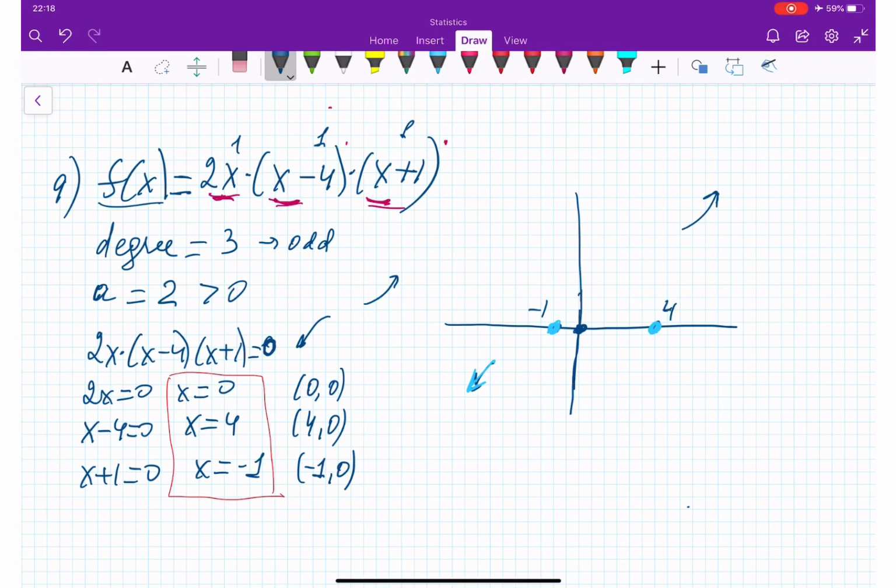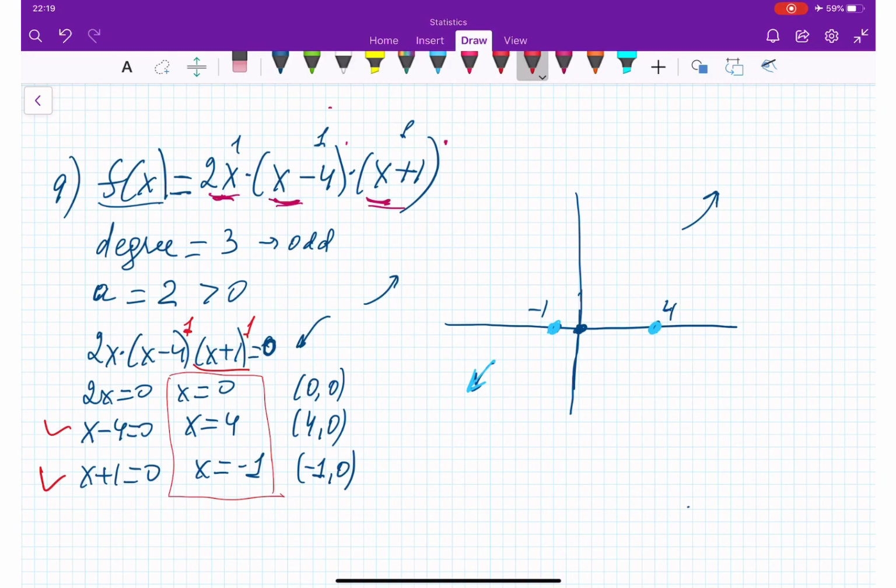Negative 1 we got from x plus 1. So what degree has x plus 1? Degree 1. The 4 we got from this factor, and its degree is also 1.